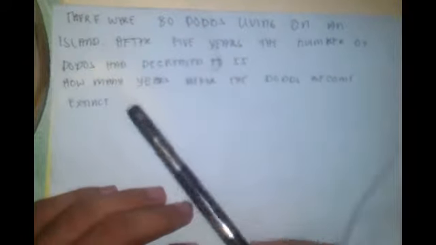For our last example, there were 80 dodos living on an island. After 5 years, the number of dodos had decreased to 55. The question is, how many years before the dodos become extinct? In this problem, we are looking for the time.